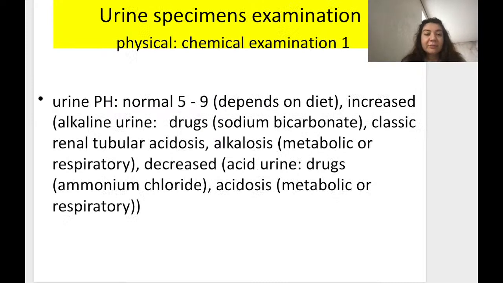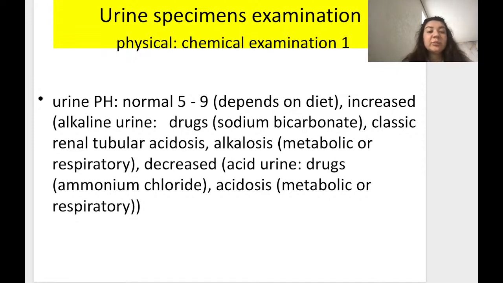In chemical examination, we usually check urine pH. Normal pH of urine is from 5 to 9. It depends on diet. Increased pH we name alkaline urine. It can be due to drugs, for example, sodium bicarbonate, classic renal tubular acidosis, and general alkalosis, metabolic or respiratory.